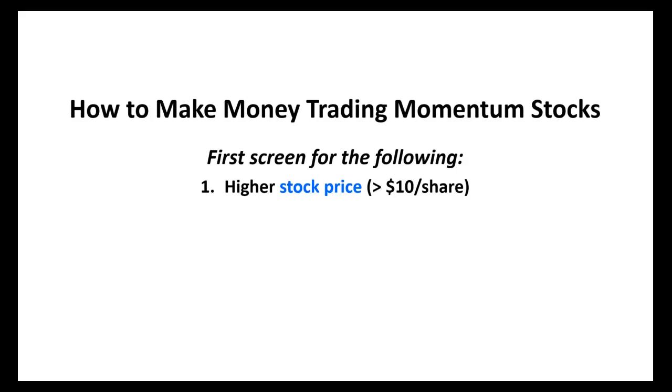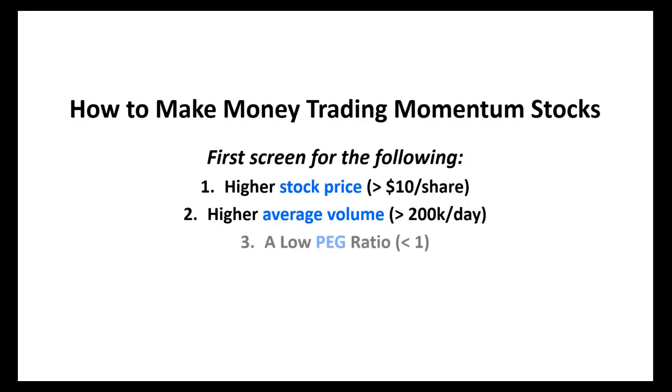We first built our scan using a filter that required all stock prices to be at $10 a share or higher, average trading volume of 200,000 shares per day. We then inserted a low PEG ratio, that's a price to earnings to growth ratio of less than 1. That's a valuation metric that's very low, which means a lot of earnings, a low stock price, and a lot of growth of earnings.